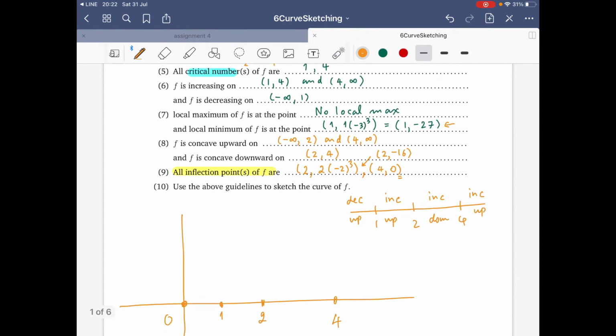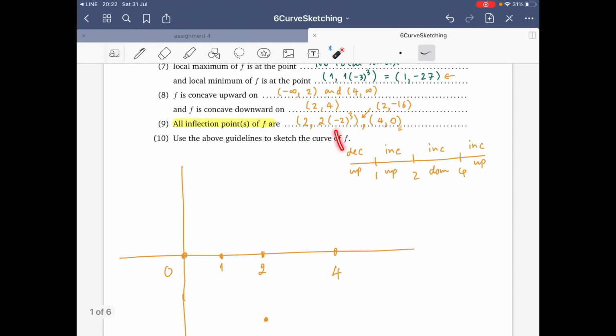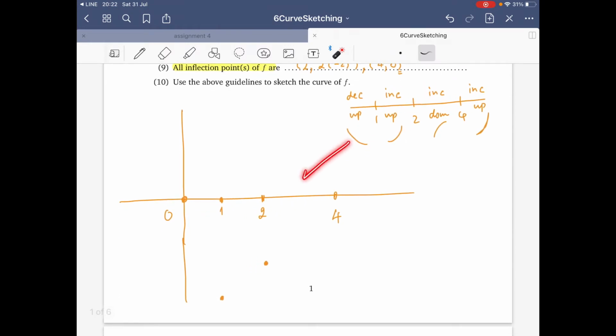Okay, so decreasing, concave up, so it means that it will go down, right? And then increasing concave up, it means go like that, right? I mean the curve is decreasing concave up, increasing concave up, increasing concave down, and then increasing concave up, right? So the graph will look like that, okay? So it will look like this one going that way, and then going that, and then going like that, okay? So you combine this shape with all the points that it's passing through.